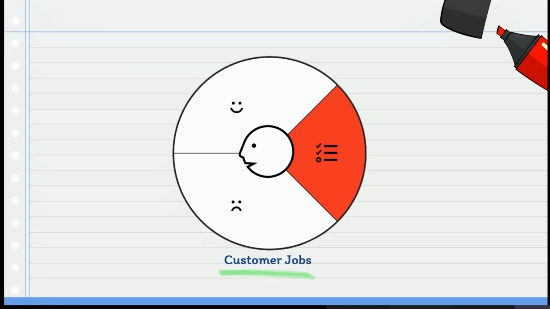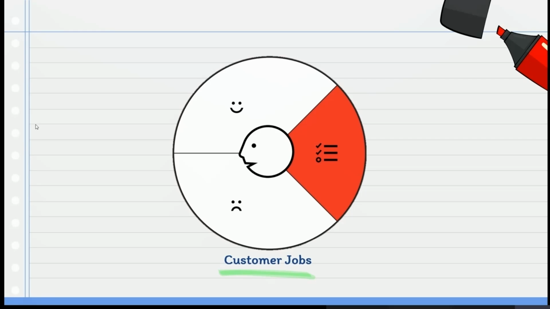So let us focus on each part. If we start with the customer jobs, what do you need to list here? You need to list the key tasks that your target customers have to complete. For example, let's say I'm working on a specific project and I need to get specific things from my customer, like what they are looking for, what kind of product or application I need to deliver.